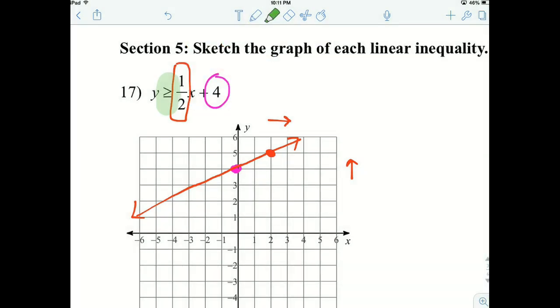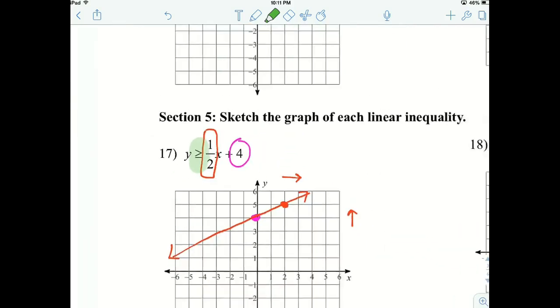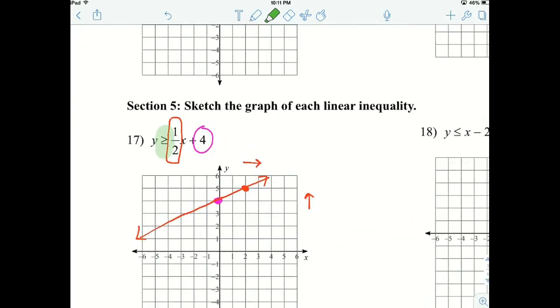If y is bigger, if you think of this almost as the alligator's mouth eating the bigger one, then the y value is going to be shading bigger than this line. So you shade above the line, and that's how you know where to shade. If it was y is less than, you would shade below.